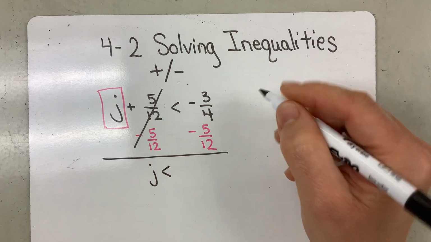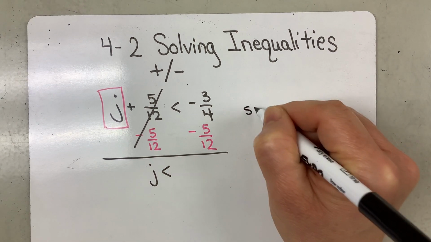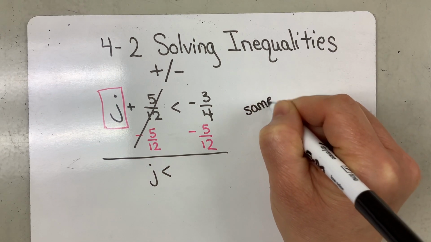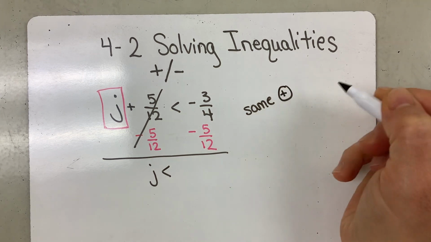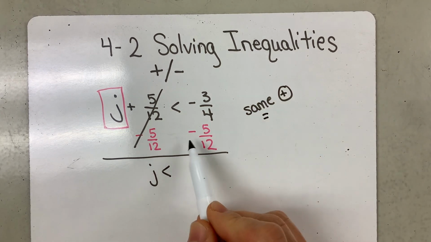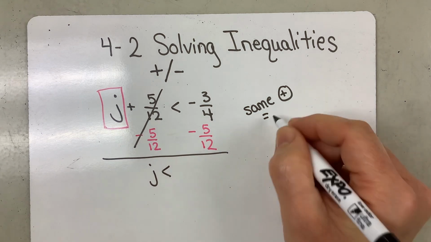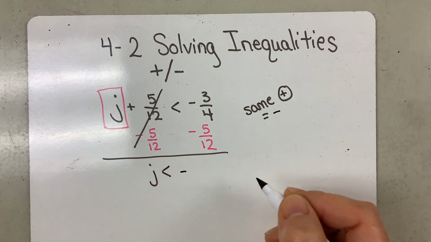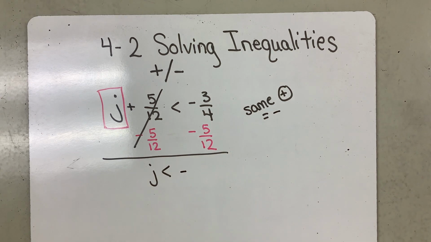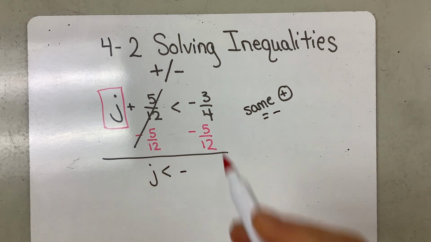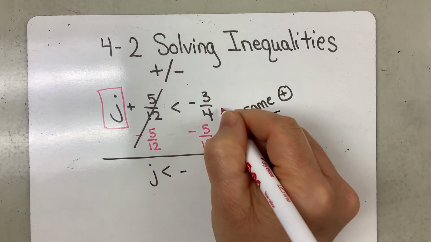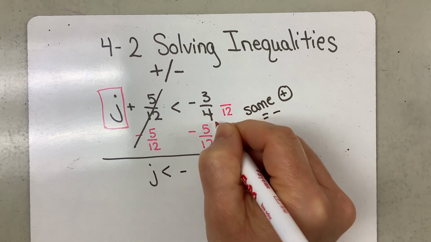than. Now, these are the same signs. So we are going to add our numbers. We can see the biggest one is negative, so our answer will be negative. Now the only other thing we have to think about here is getting that common denominator. So we need to make a denominator of 12.